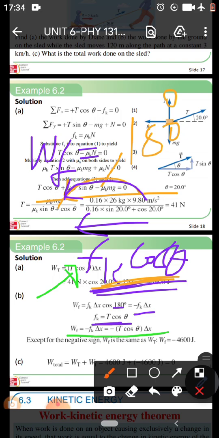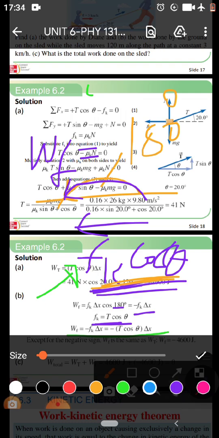The work done due to the ground is the same as the work done due to the tension. Yes, you can see now, but don't always assume it.